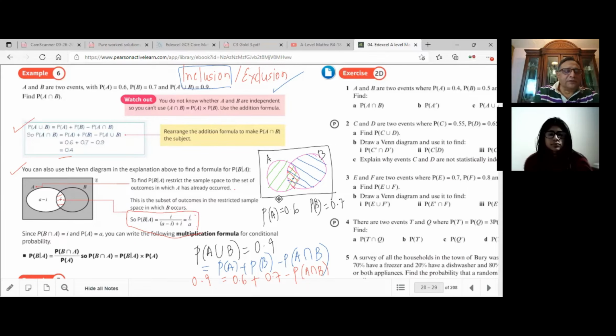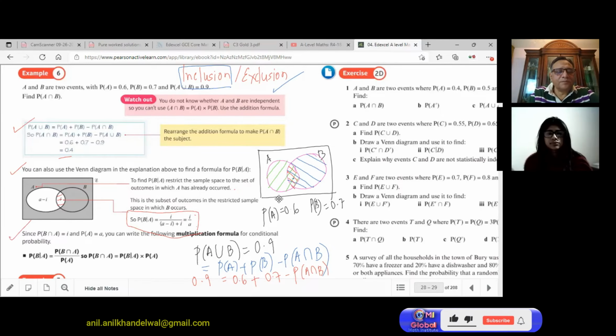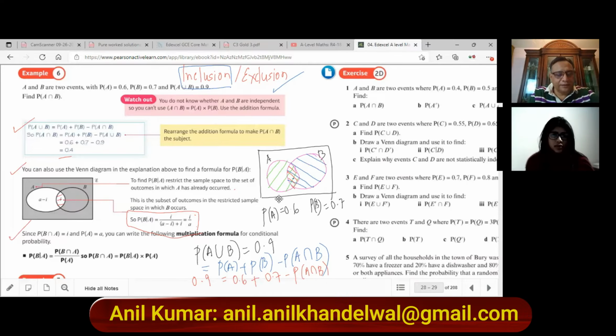So can you please read further? Since the probability of B and A is I, and probability of A is A, then you can write the following multiplication formula for the conditional probability, which is probability of B given A is the probability of A and B over probability of A. Intersection of B with A over probability of A, correct.